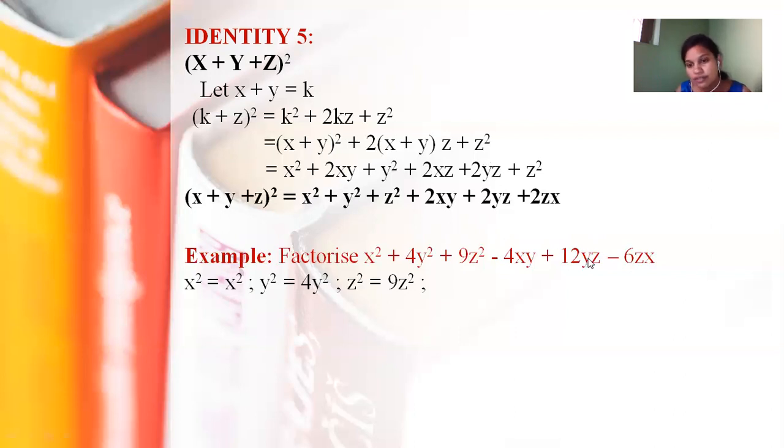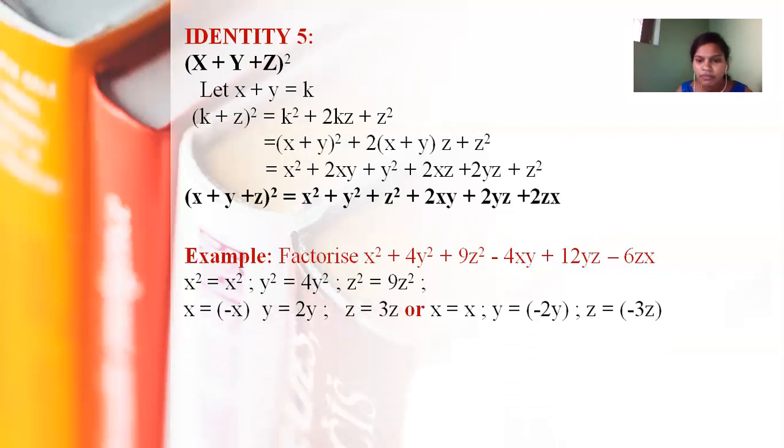If z is negative, here also negative. Are you getting my point? So there are two cases we can find for which term is negative. If you take the first term, either x or y negative, and the last term, either z or x negative, when comparing these two, we can determine x is negative. If you take the middle term, that is 12yz, both y and z will be negative. That is one of the cases.